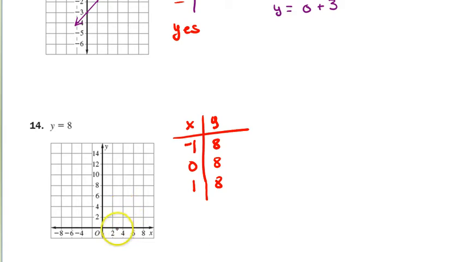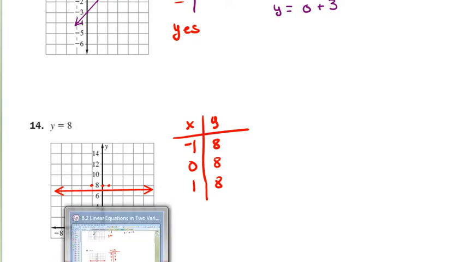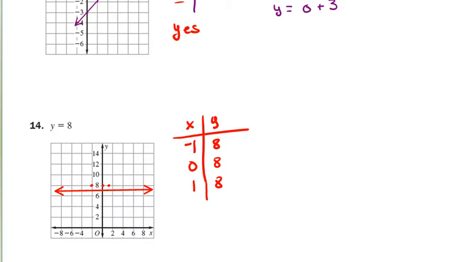So right now I'm going to graph this. -1 on my x-axis, and I'm going to go up to 8. That's my first point. 0, 8. 1, 8. Right, so now I have a line. Let's redo this.